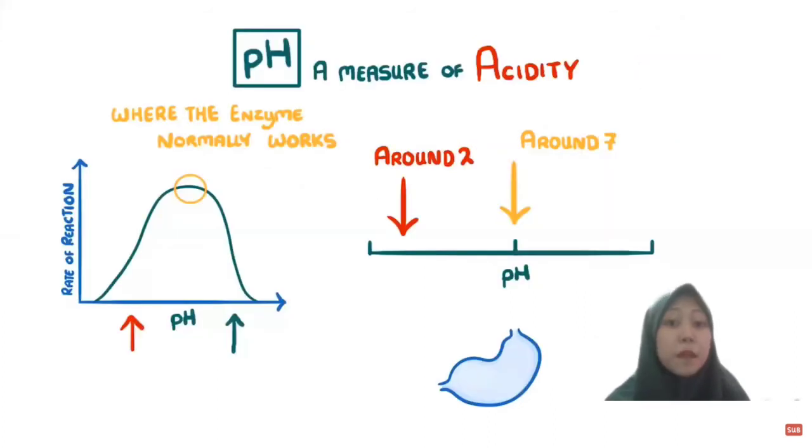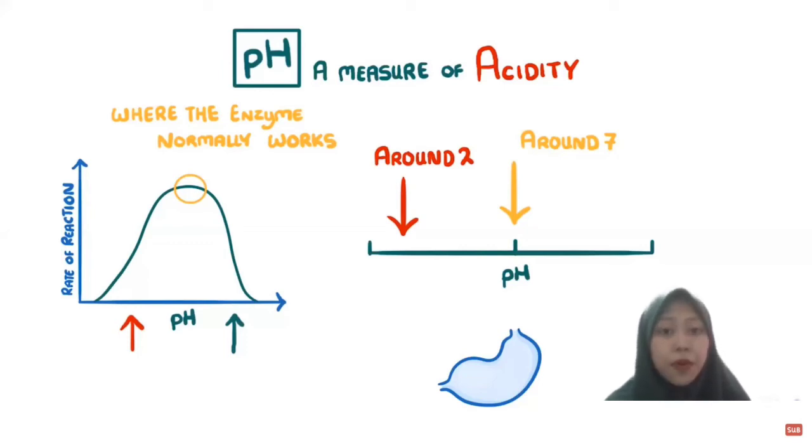Now, if you remember from chemistry, pH is a measure of acidity. And now we can look at this graph. From this graph, if the pH is too high or too low, it can lower the rate of reaction. Just like with temperature, this happens because the enzyme's bonds start to break, so the active site changes shape.